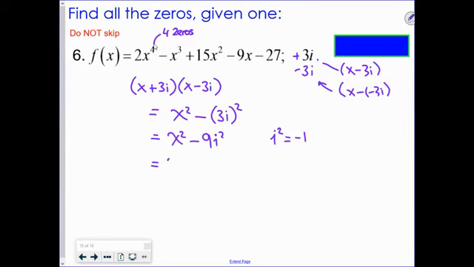So what I've got here is x squared minus 9 times negative 1, which is x squared plus 9. Okay? So from the beginning, this would have been x squared plus 9. Once you get used to doing the difference of squares, you could practically do that with just one line of work here. That would take you straight to there.